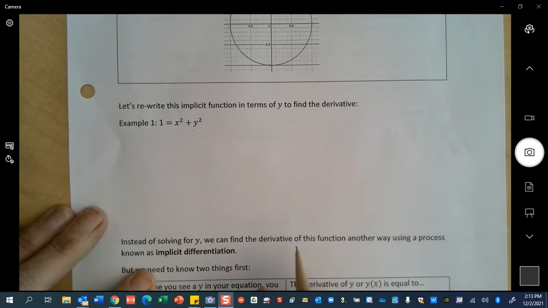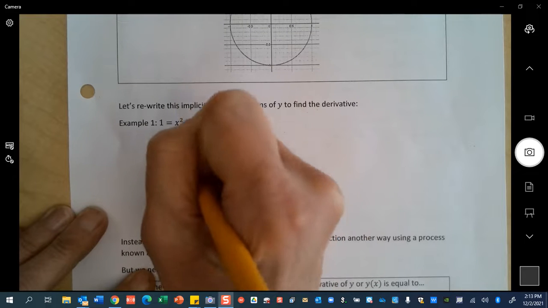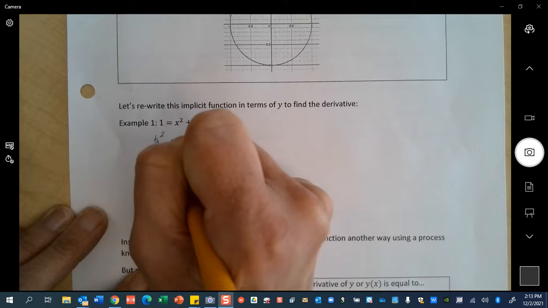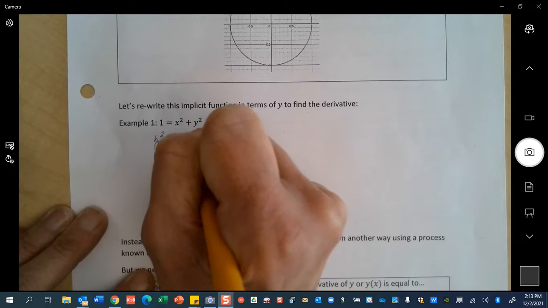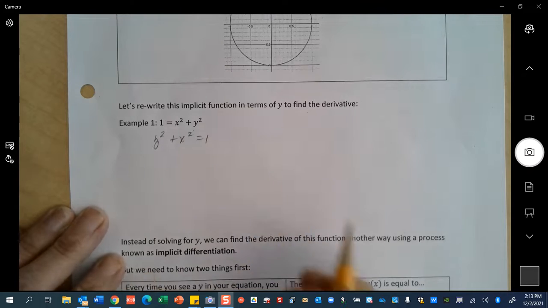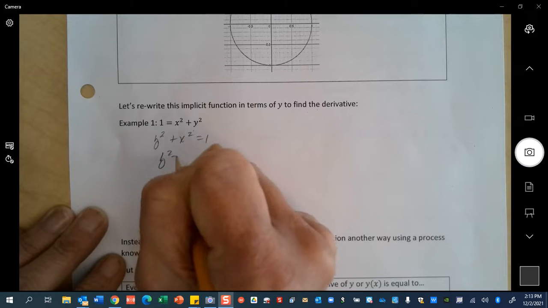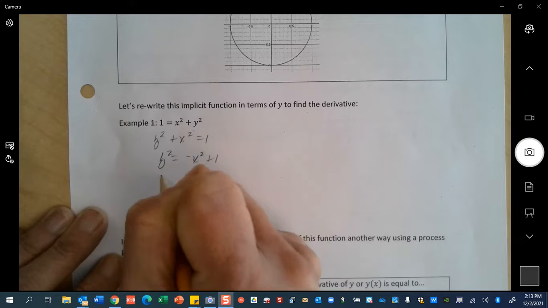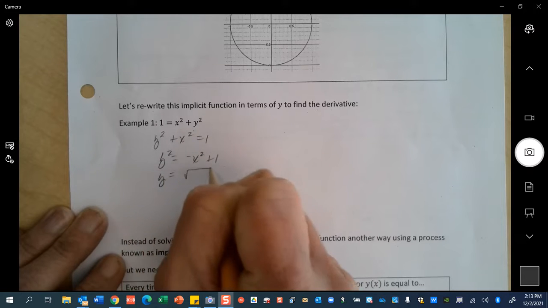If I want to solve for y, I'm going to go ahead and switch this around and call it y squared plus x squared is equal to 1, if that's okay by you. Then I'm going to say y squared is equal to the opposite of x squared plus 1. And then I'm going to take my square root.